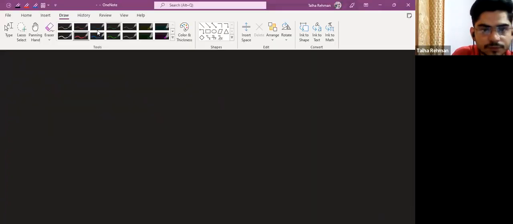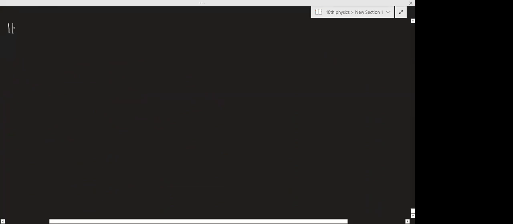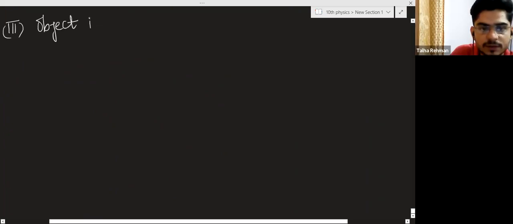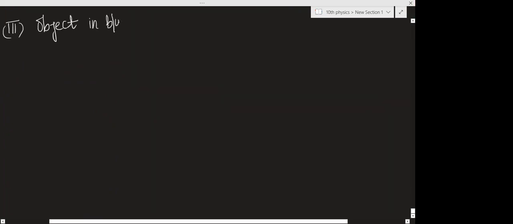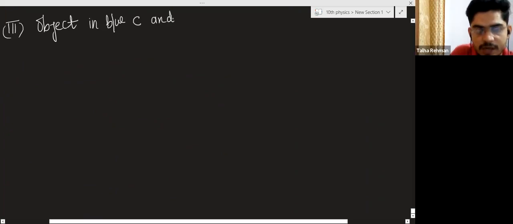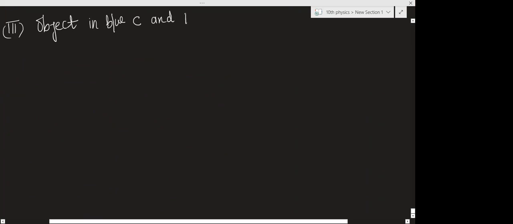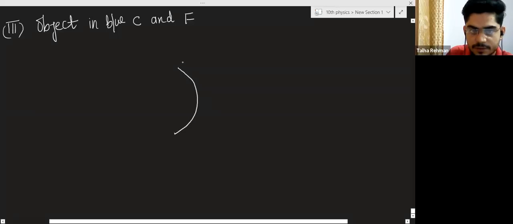So, third. Object in between C, the center of curvature, and focus F. This is the mirror.